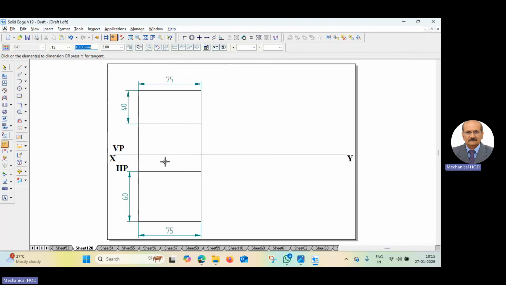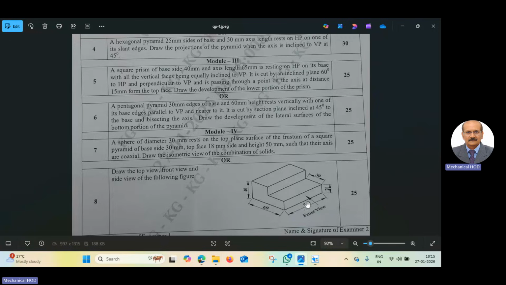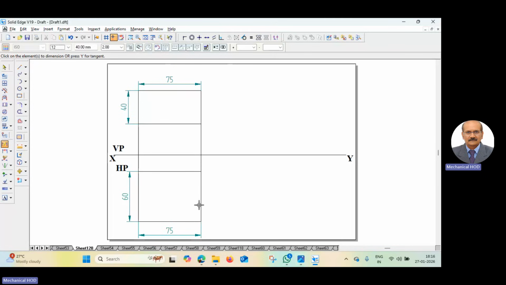This is the 75 by 40 in the front view. This is 75 the length, height is 40, 20 and here 20. So total is 40. And in the top view, we see 75 the length, breadth as 60. That's what this is, the top view. Below the XY line is the top view, above the XY line is the front view in first angle projection.